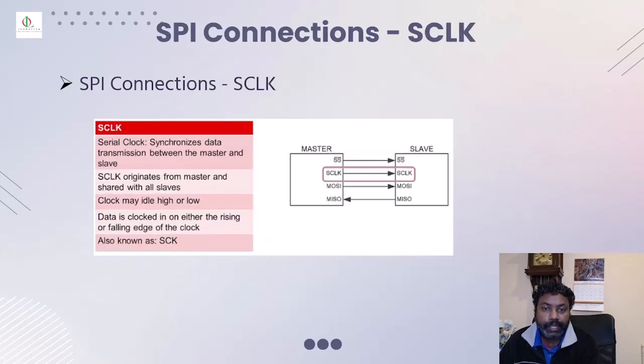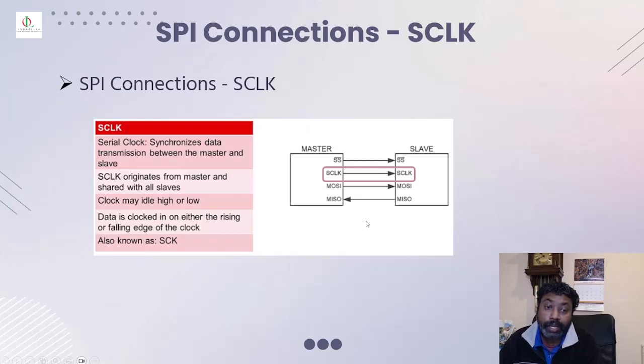Next is the serial clock, which is this. The serial clock synchronizes everything and starts the data transmission between the master and the slave. The serial clock originates from one master, and it can connect to the shared slaves.